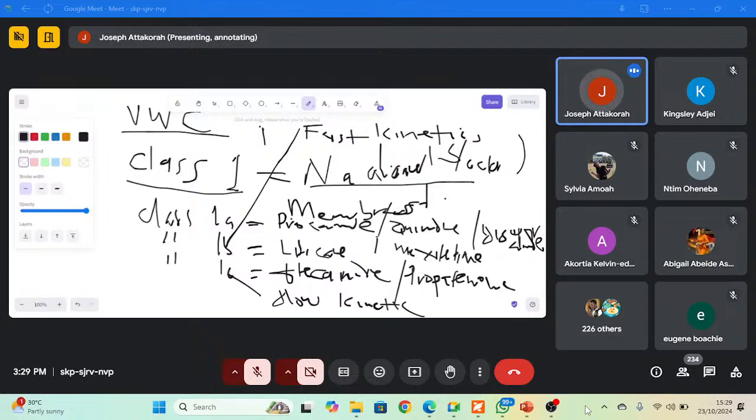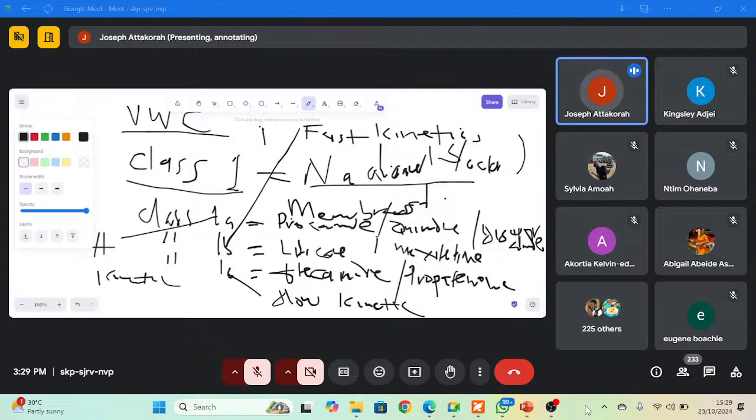Class 1A has intermediate kinetics. They are neither slow nor fast.